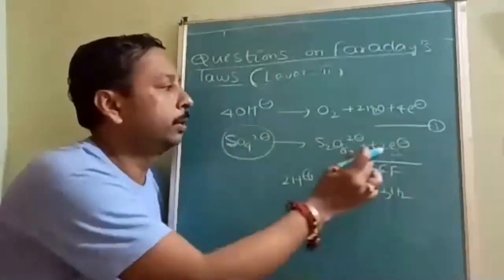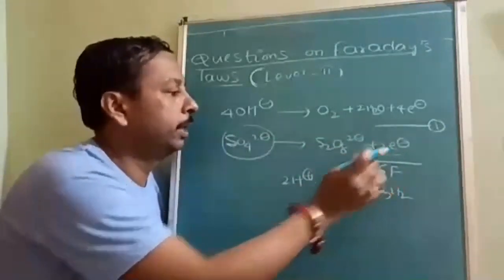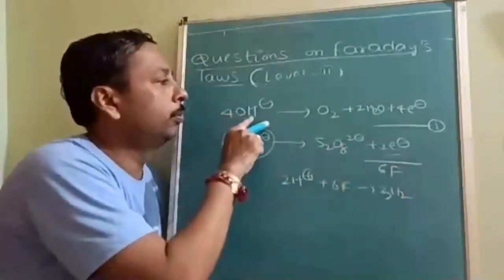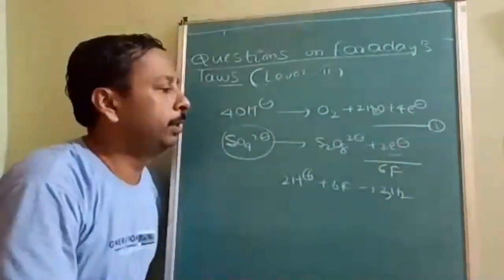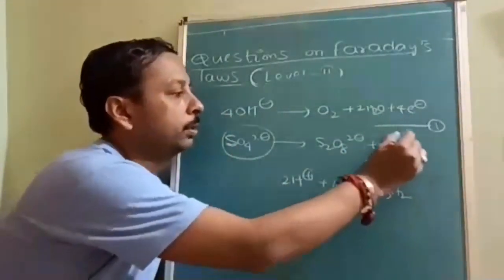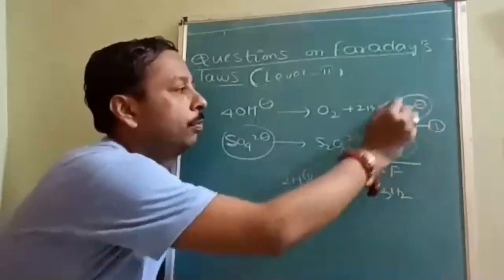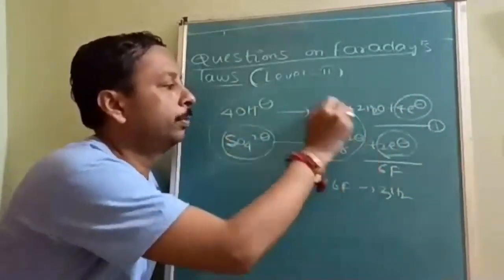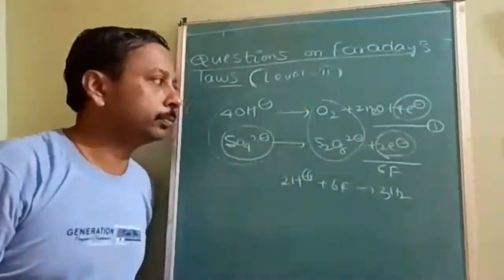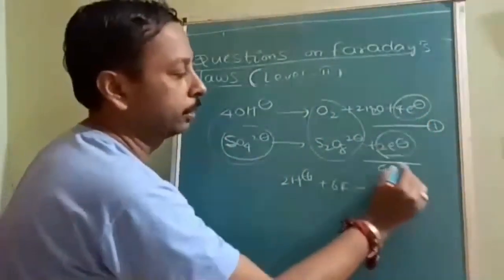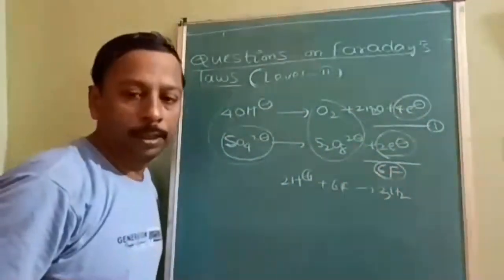But to compensate the negative charge, it will be 2 moles of electrons here and 4 moles of electrons here for the OH. So this 2 electron and this 4 electron reaction are equimolar. So how many Faradays are required? 6 Faradays are required. Is this clear?